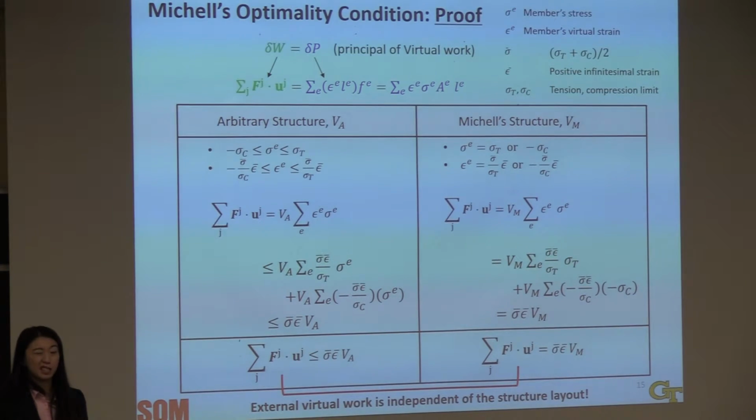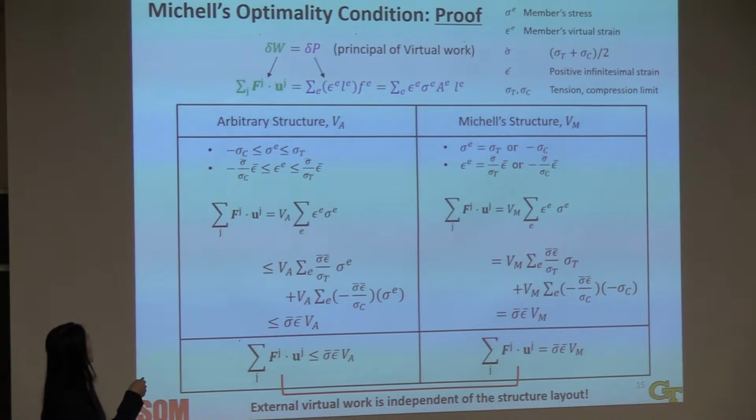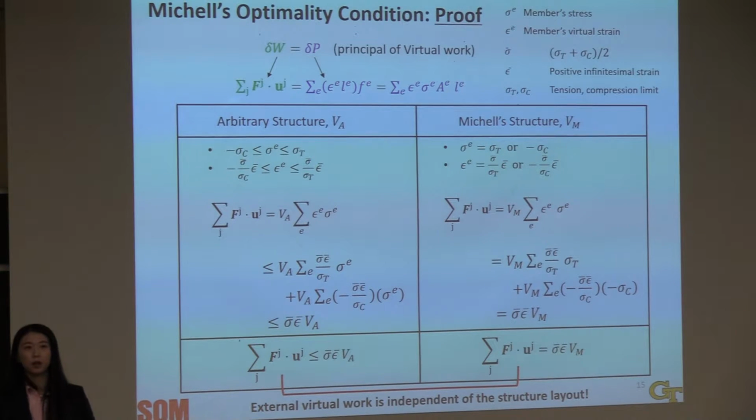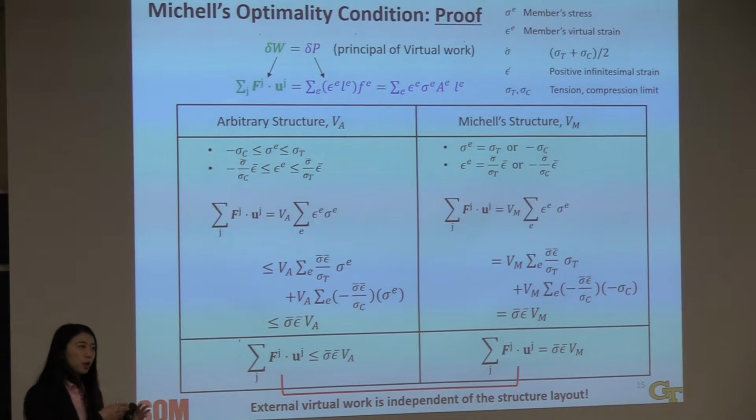structure independent. So if we have an arbitrary structure that does not satisfy the Michell condition, remember that the stress and strain inside the member always fall between these two limits, the tension and compression limit on stress and strain.